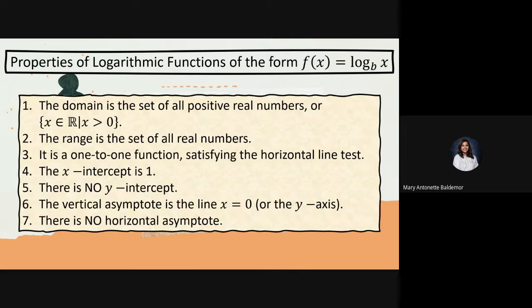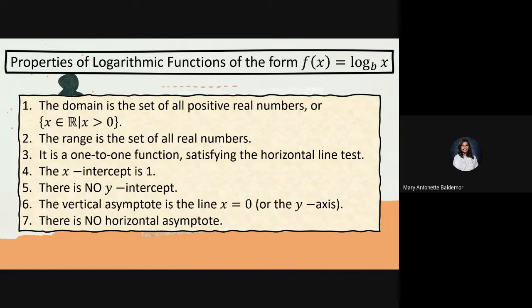Property number three, it is a one-to-one function satisfying the horizontal line test. Obviously, if we do the horizontal line test, it will only touch the graph once. Number four, the x-intercept is 1. If you still remember, both graphs of this form intercept the x-axis at exactly one point, which is (1, 0).